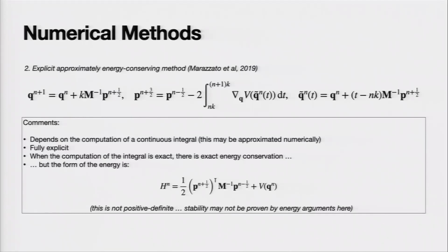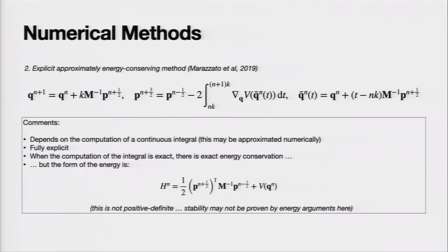And as you can see, the discrete energy has a form that resembles very closely the continuous energy we saw at the start. But what is the difference? The difference is that in continuous time, the quadratic form for the kinetic part is positive definite. But here, if you look closely, this vector transpose is computed at the time step n plus 1/2.